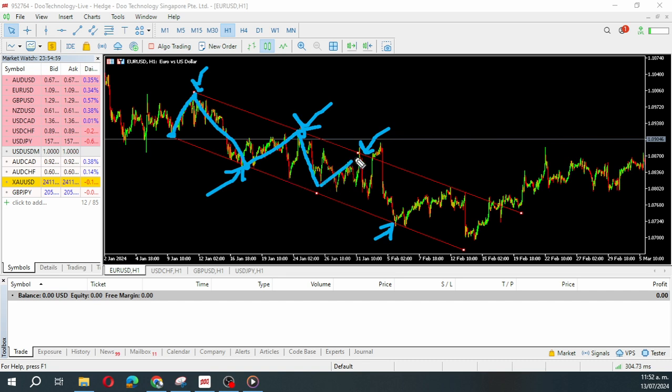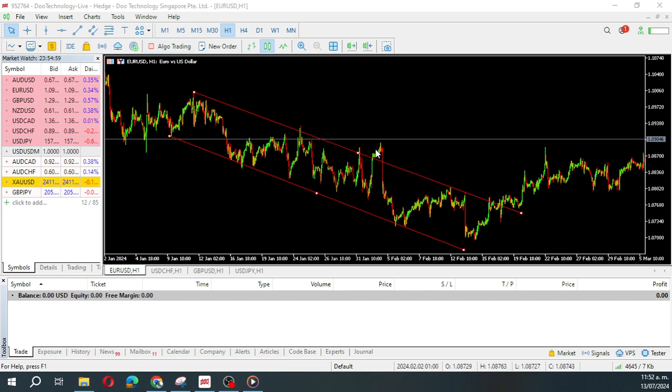Okay, so this is the explanation about history always repeats. So also there are areas that are very important in order to do better trading.